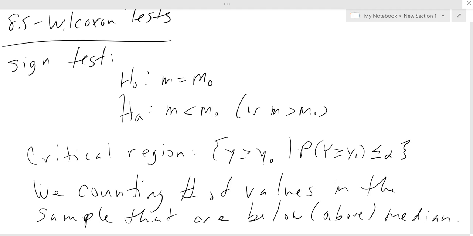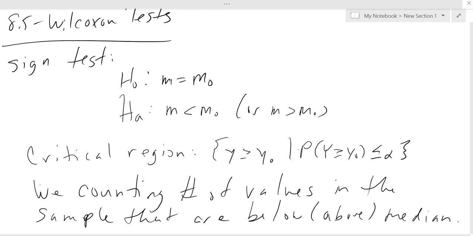If I'm testing below the median, I'm going to count -1s. If I'm testing above the median, I'm going to count +1s. And I want to know, is that too many -1s if I'm looking below the median? Is it too many +1s if we're above the median? And by too many, we use the binomial probability of successes.